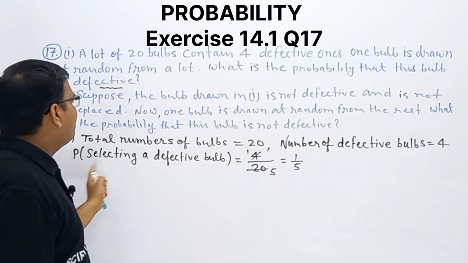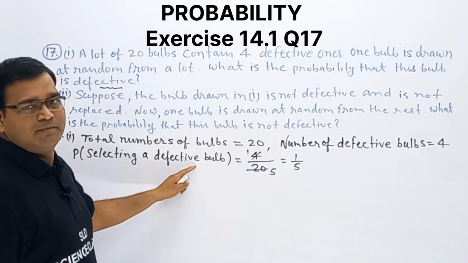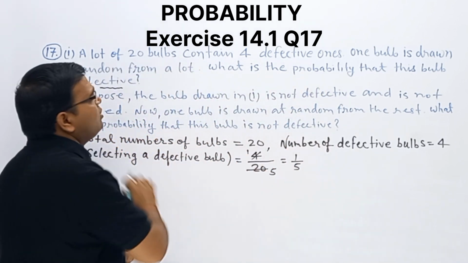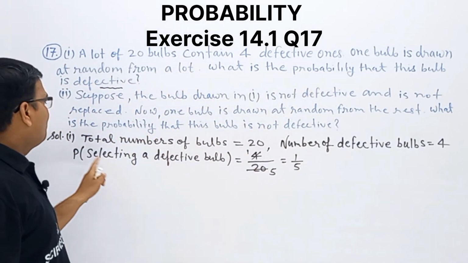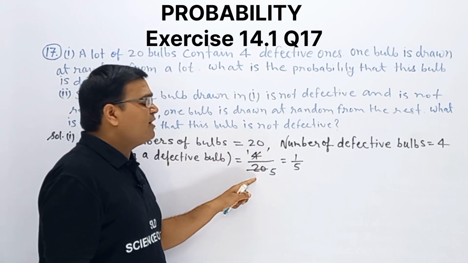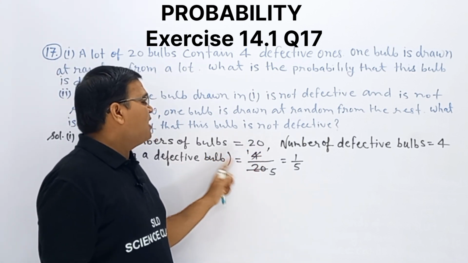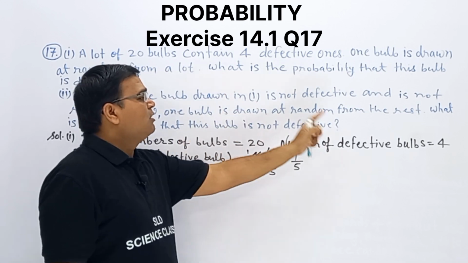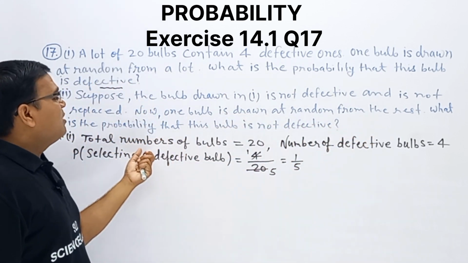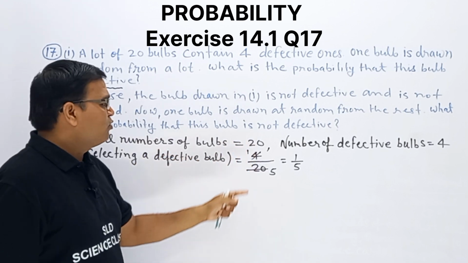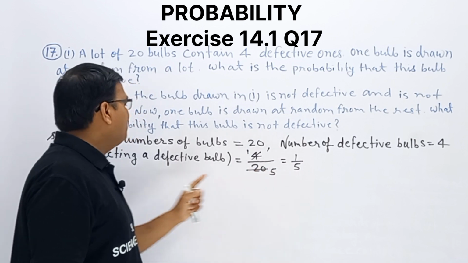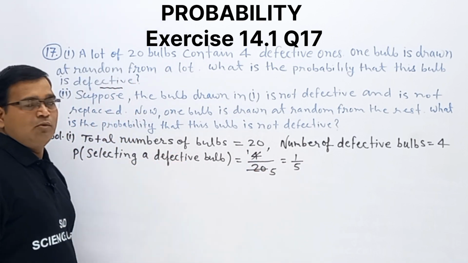So the probability of selecting a defective bulb is the number of favorable outcomes divided by total possible outcomes. We are selecting a defective one. Number of defective bulbs is 4 and total number of bulbs is 20. So 4 upon 20 is the probability. Once we solve, we get 1 upon 5 as the probability of selecting a defective bulb.